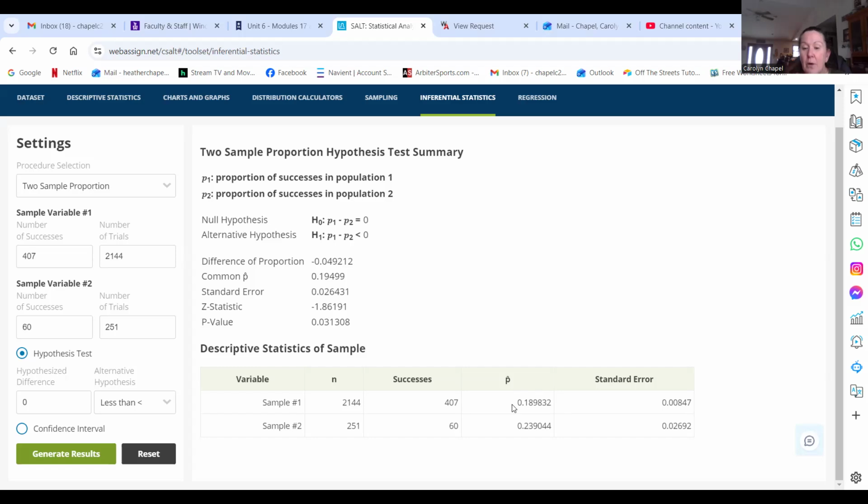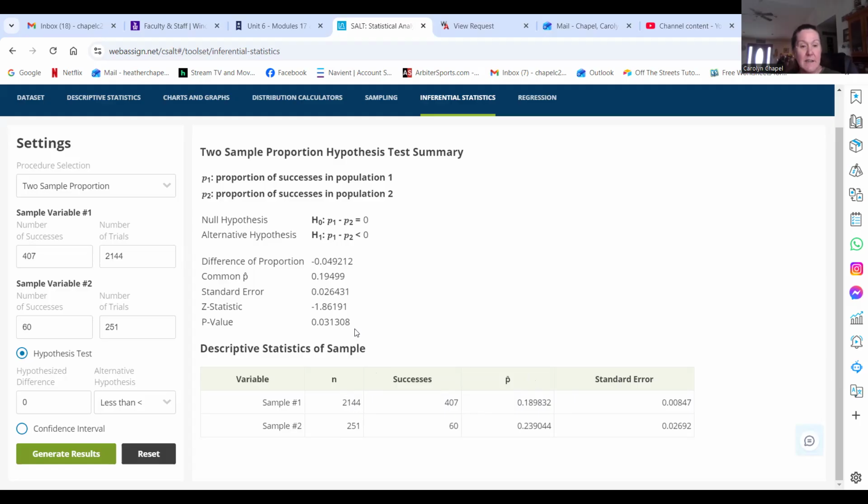So they had rounded those when they stated them in the research or wherever. A lot of times I would think they would just tell us the 407 out of the 2144 and the 60 out of the 251. But here's all of our pieces.